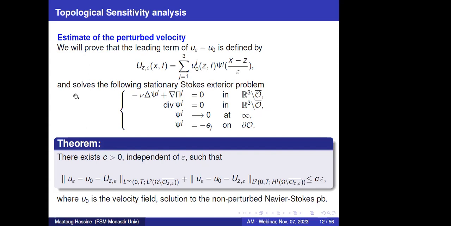We derive this theorem, in which we prove that there exists a positive constant independent of epsilon, such that the norm of u epsilon minus u0 minus the leading term, in L infinity(0,T; L2) plus L2(0,T; H1), is less than or equal to a constant C times epsilon.